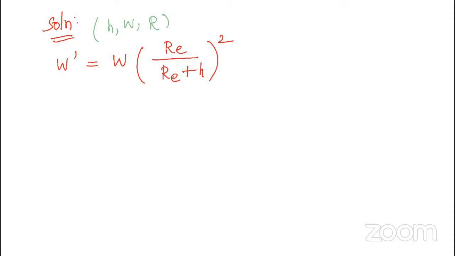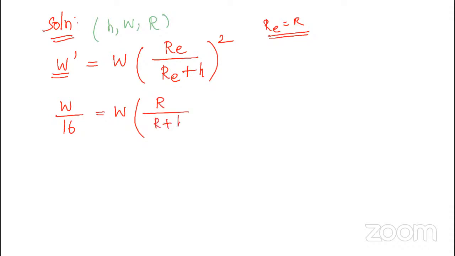In the previous figure, I mentioned the value for W dash. It is W by 16, which is equal to W into R divided by R plus H, the whole square.